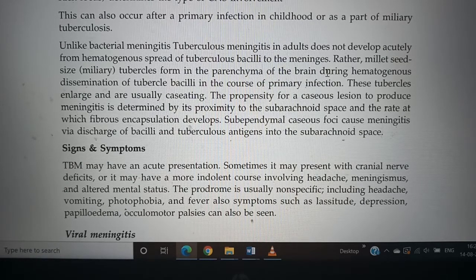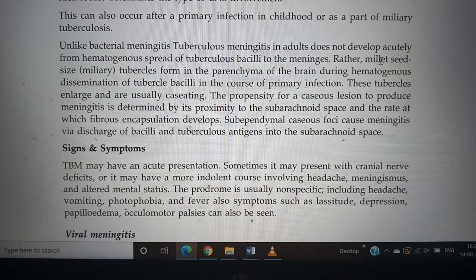They can cause a lot of damage by releasing pus in the area, and signs and symptoms like cranial nerve deficits can be present. If the cranial nerves are involved, then they can get damaged, and whichever cranial nerve is damaged, the corresponding functions may be lost in the person. Headache is very common.